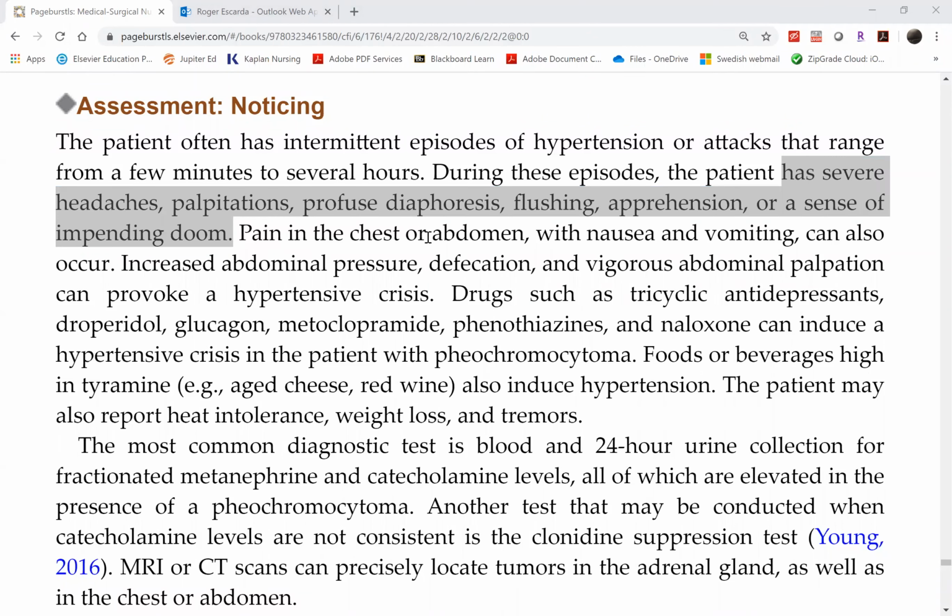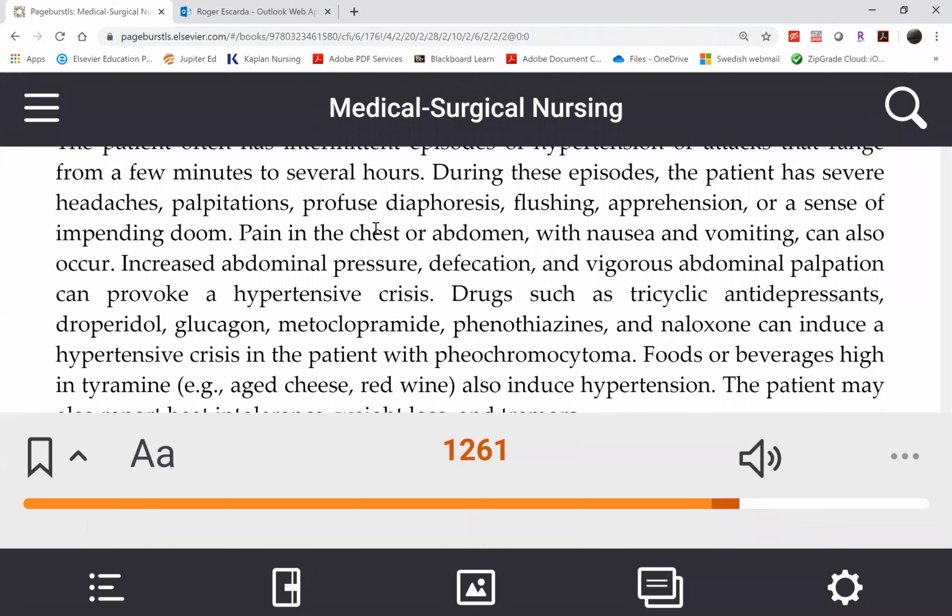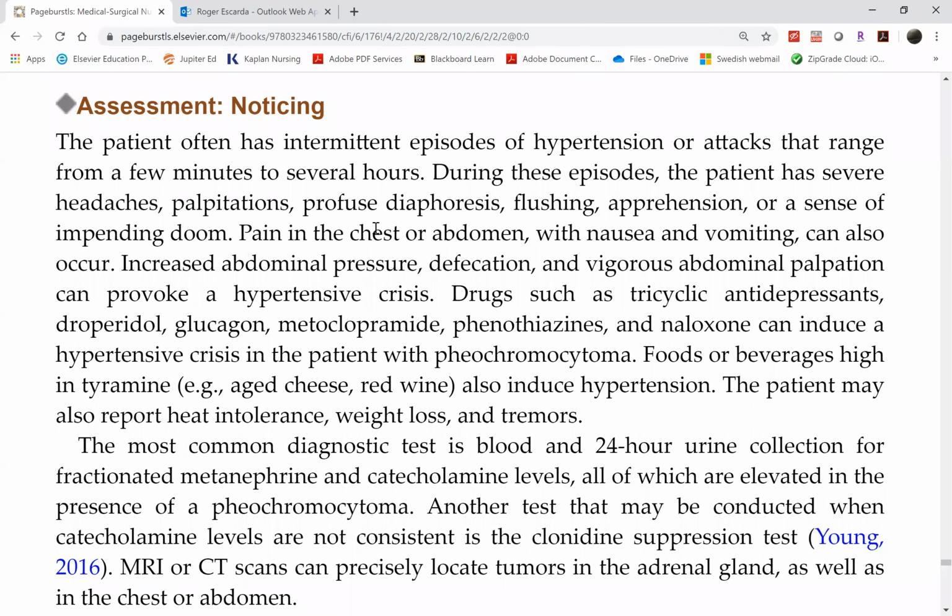At the same time, it will cause the same effects on your cardiovascular system. The heart's workload, of course, will be increased.